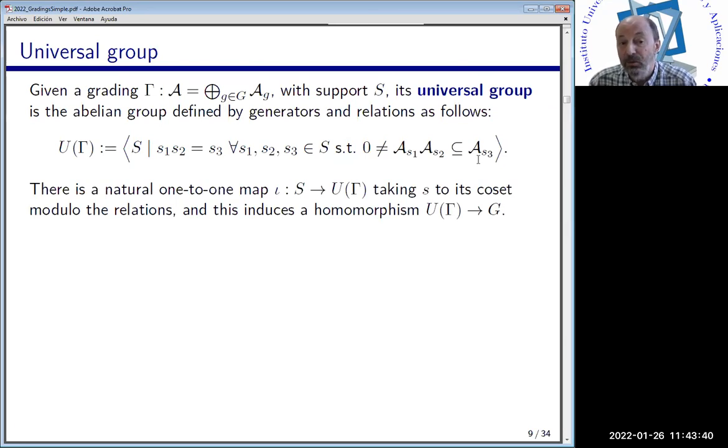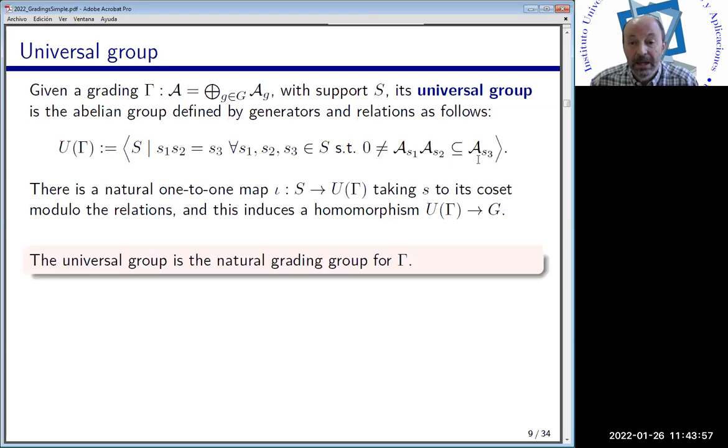There is a natural one-to-one map from the support to the universal grading group. And then this map induces a natural homomorphism from the universal group to the original grading group. Given a grading by an abelian group, this is the natural grading group.